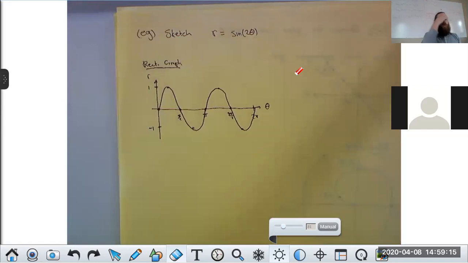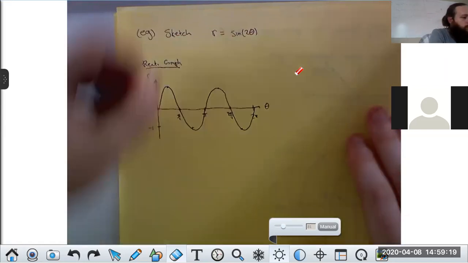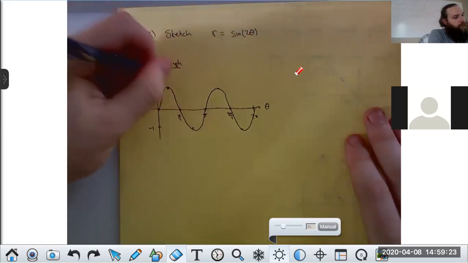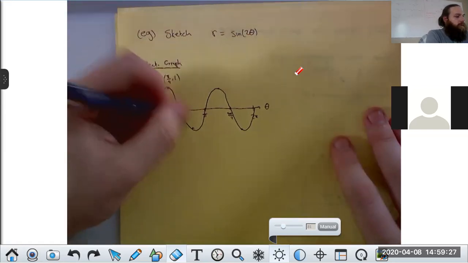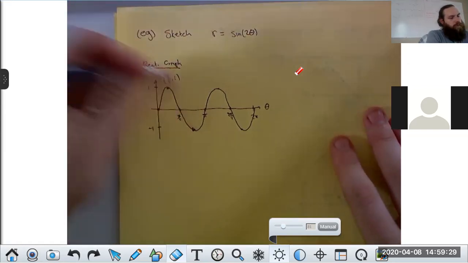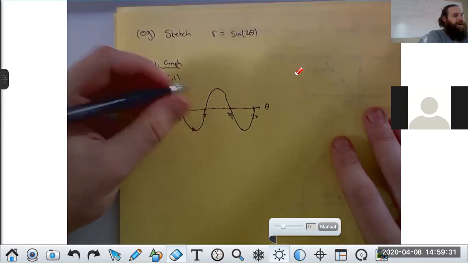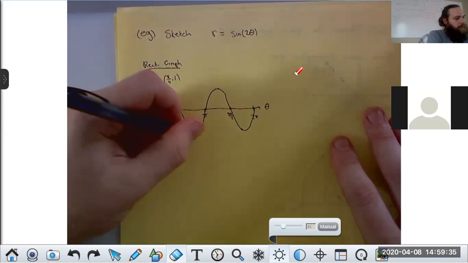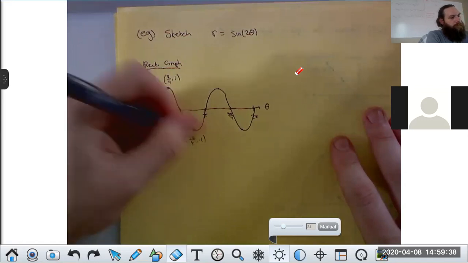Okay, so there's our normal rectangular graph. This point is halfway between 0 and pi over 2. That's pi over 4, comma 1. This one is halfway between pi over 2 and pi, so that's 3 pi over 4, comma negative 1.